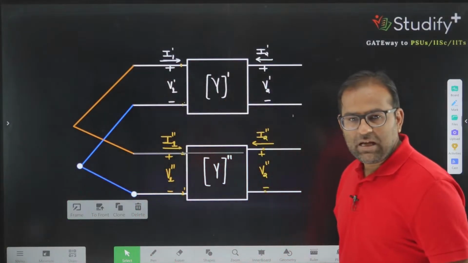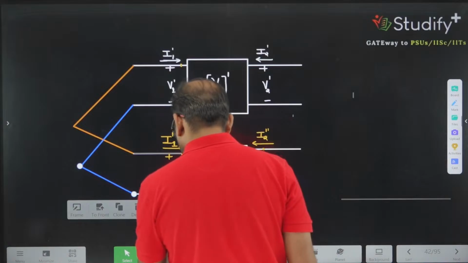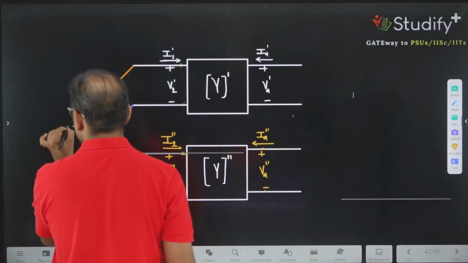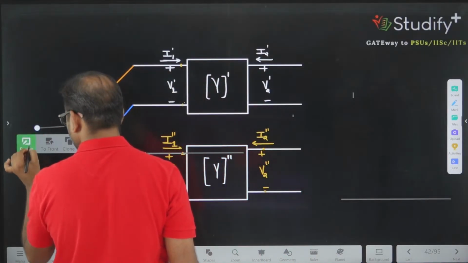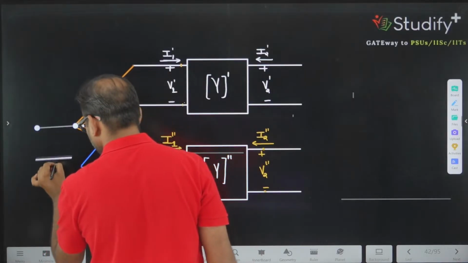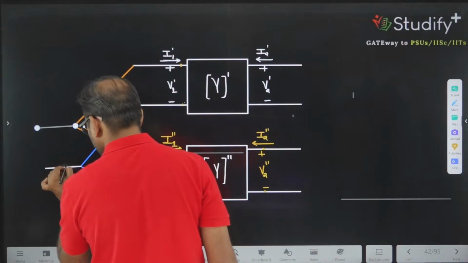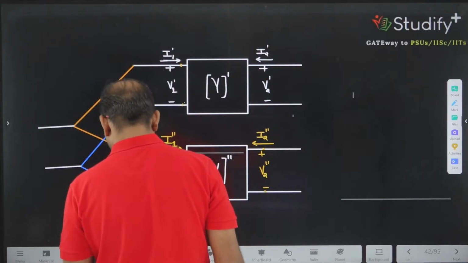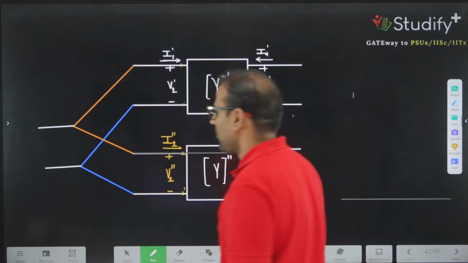Correct? And here I am connecting my supply. So this is parallel combination.